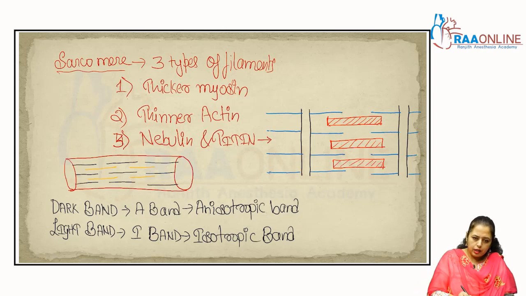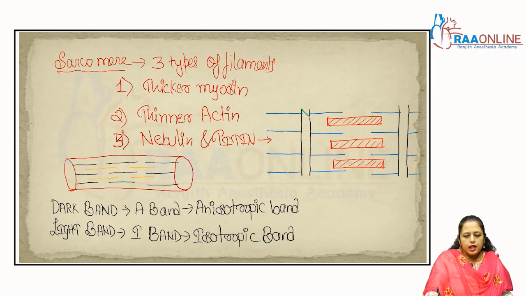Now, a Z line which bisects the I band into two halves is called the Z line, which is also known as the cross membrane.